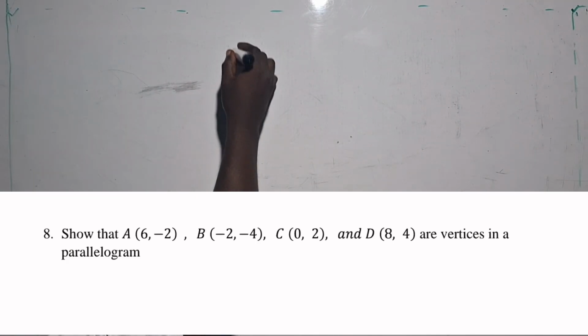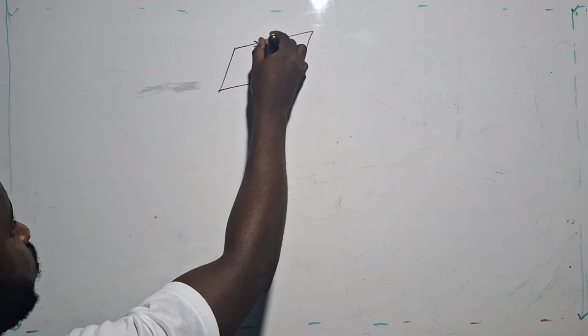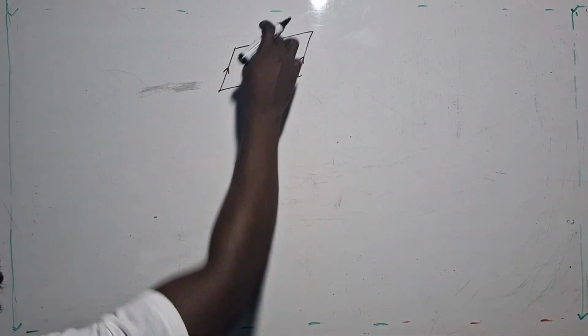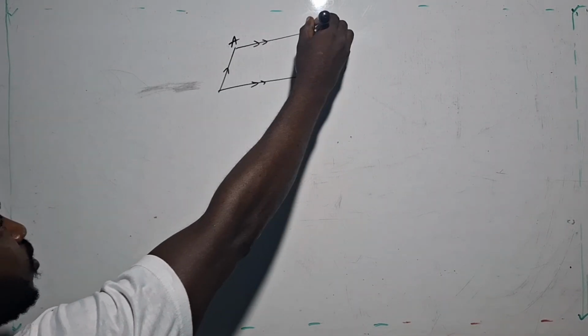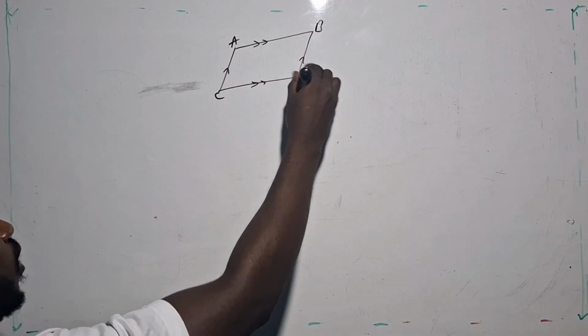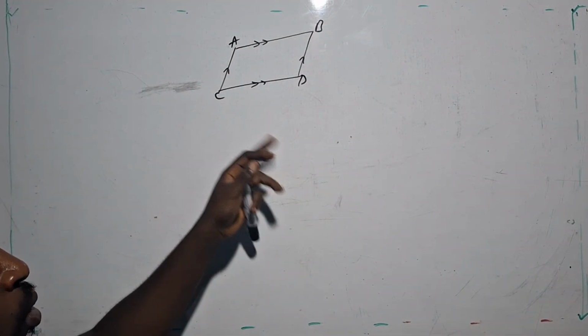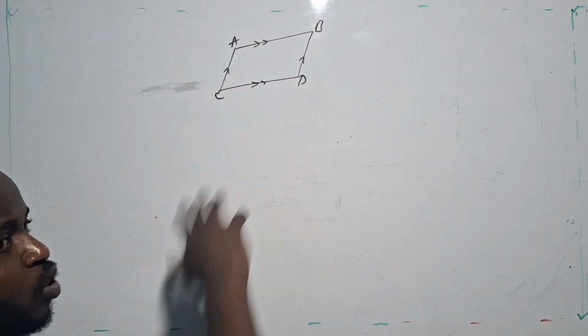yes, is a quadrilateral with the opposite sides being parallel to each other. So this side is parallel to this side, and this is also parallel to this. So how do we show that given points are vertices of a parallelogram? If you have A, B, C, and D, AB is parallel to CD.